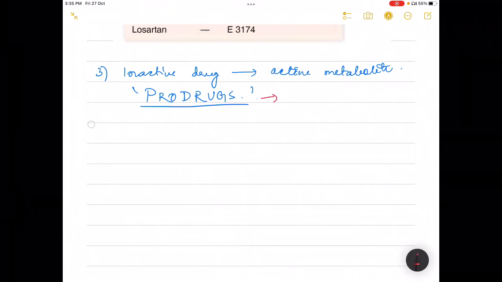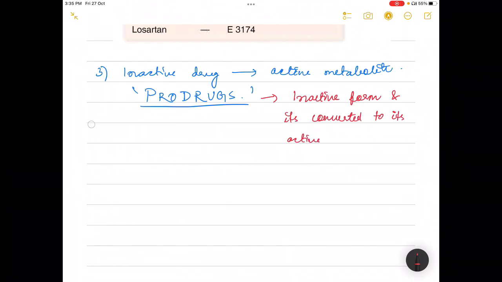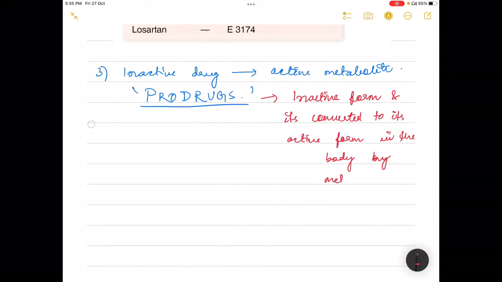These prodrugs are the drugs which are given in inactive form, and it's converted to its active form in the body by metabolism.